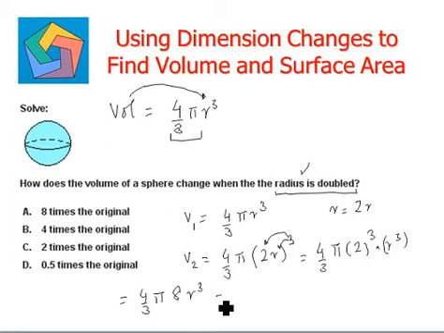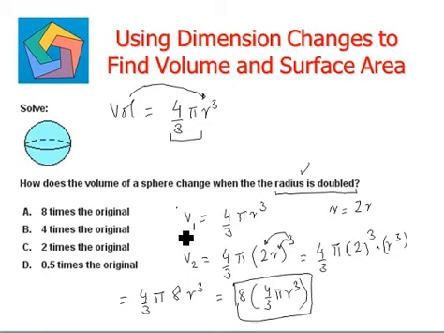Now this is nothing but 8 times 4 by 3 pi r cubed. Now if we compare this volume to the original volume, that is V1, we see that the new volume is 8 times the original. So we say that the volume has changed to 8 times the original, which can be seen in option A.